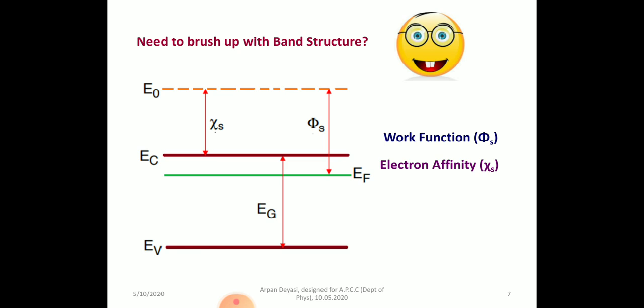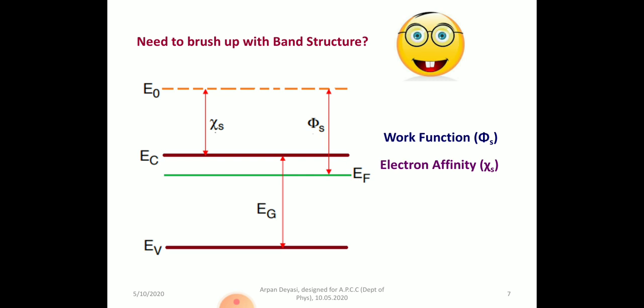Let's take a semiconductor and say the highest level is my vacuum level, which is the E equals 0 line. Now, if you want to liberate an electron from the conduction band to the vacuum level, that means to the E equals 0 line, the amount of energy required is called electron affinity, denoted by the symbol chi.